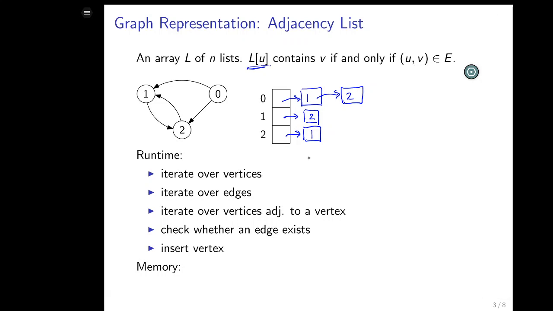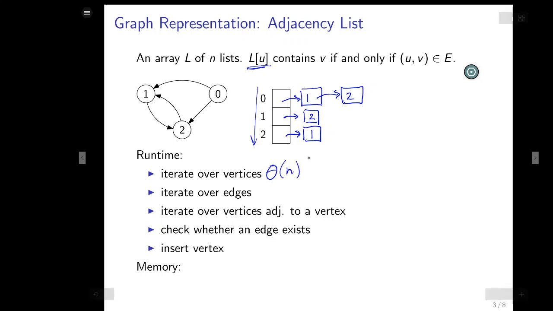Interesting. Okay, so there's a linked list representation. Again, if you want to iterate over vertices, you have this nice array here which stores the head of the linked list, but could also store properties of the vertex. It could store things like its name or its color or whatever you'd like. So iterating over the vertices is theta of n again.